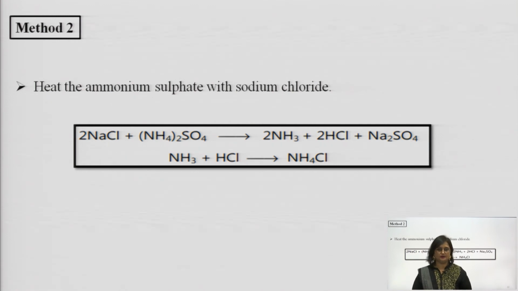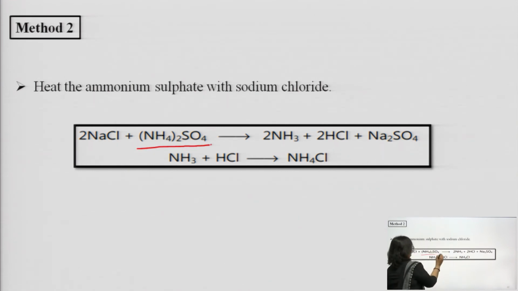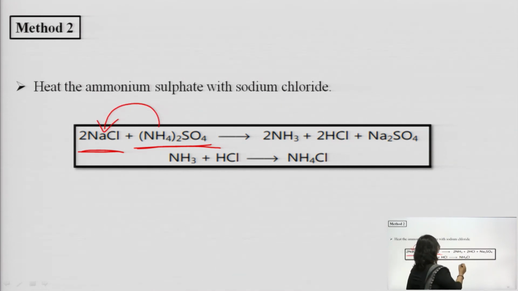Another method for the preparation of ammonium chloride is to heat ammonium sulfate, (NH4)2SO4, with sodium chloride. This leads to the formation of ammonium chloride via a two-step reaction. In step number 1, ammonia, NH3, is released.